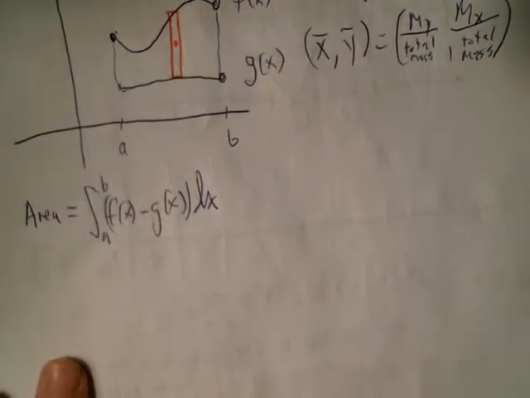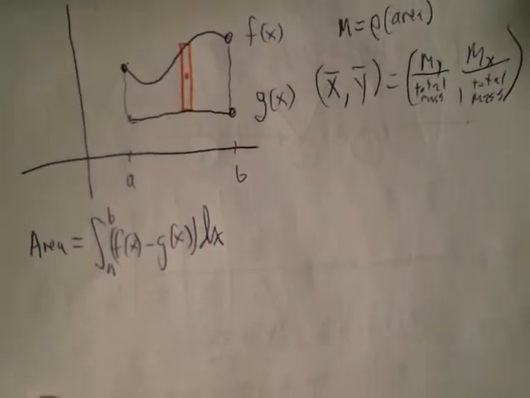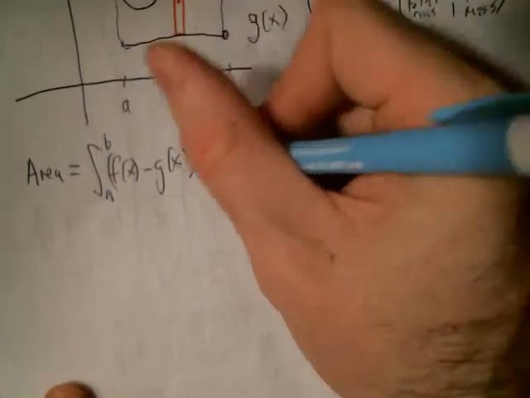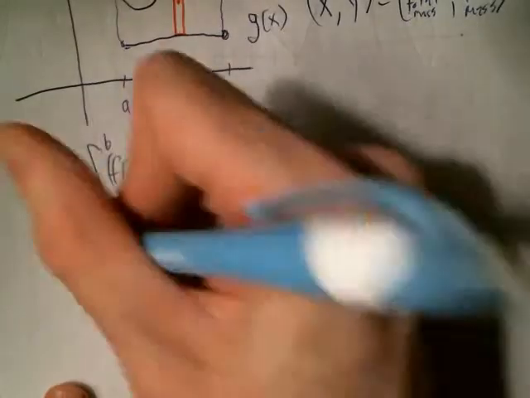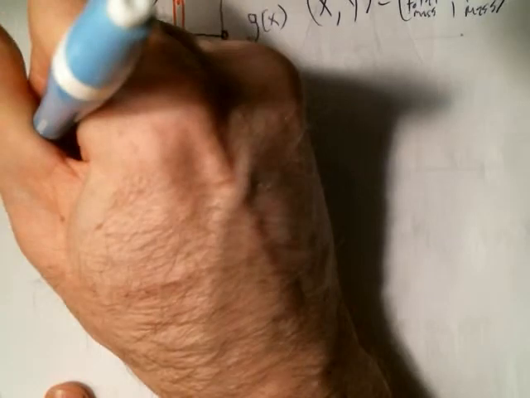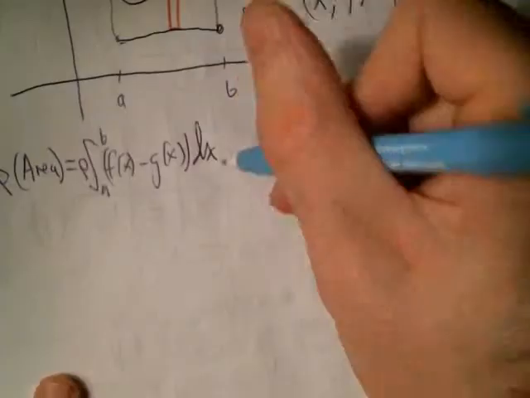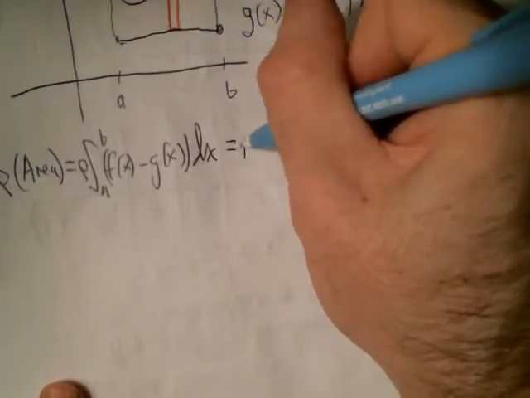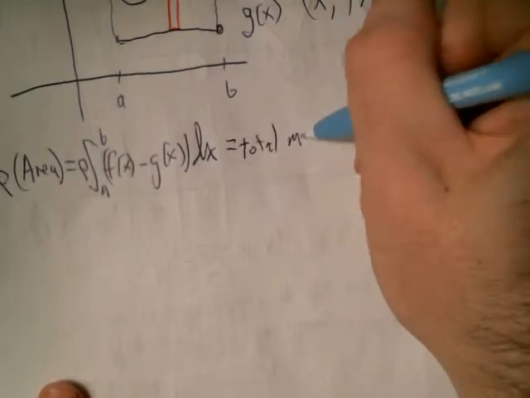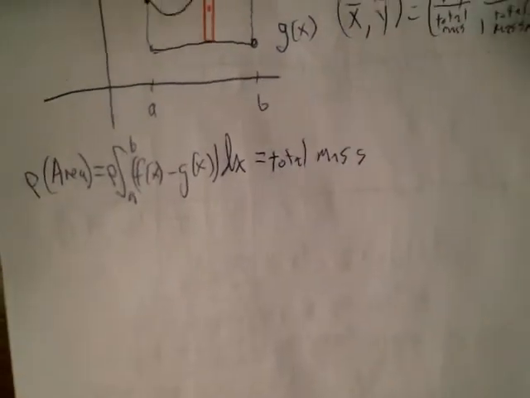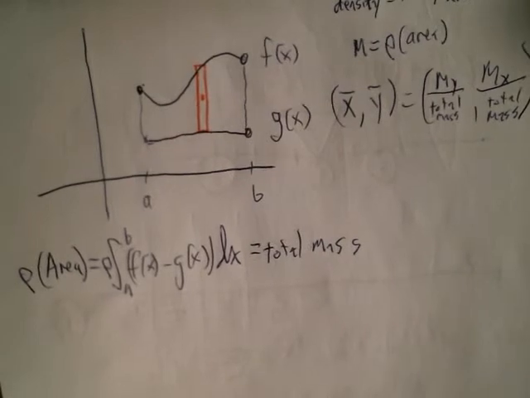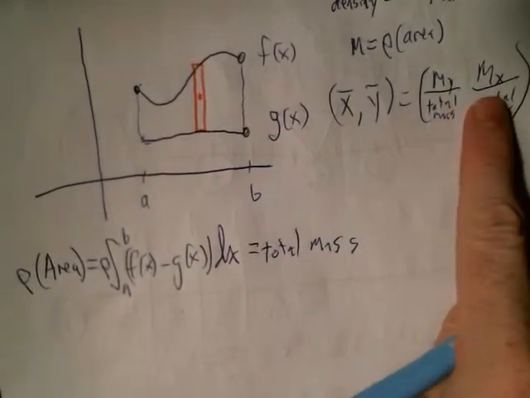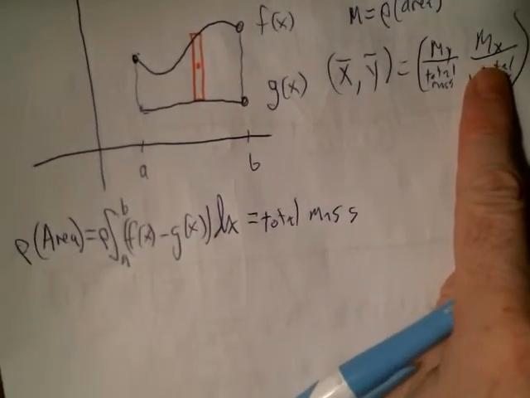Okay. And then to get the total mass, it's just rho times the area. So rho times the area will give us the mass. Okay, so one thing down, two to go, right? I need m sub y and m sub x.